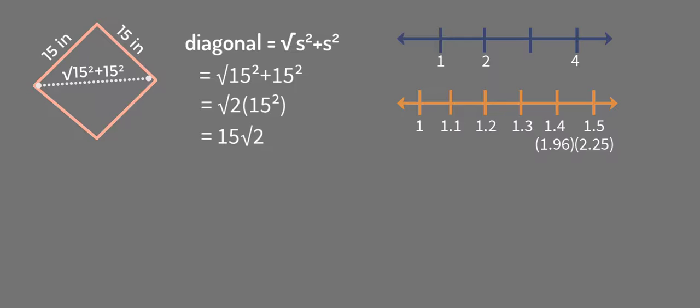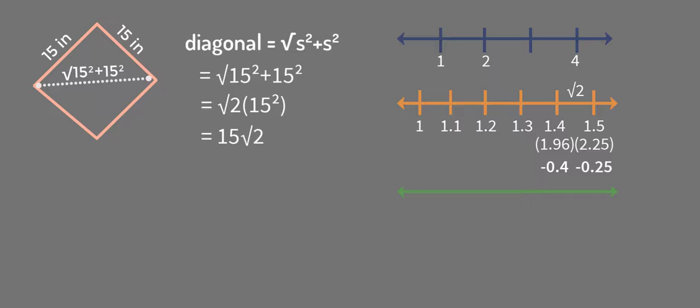So we know the square root of 2 is somewhere in between. Which one is it closer to? Is 2 closer to 1.96, or closer to 2.25? It's closer to 1.96, because that's a difference of 0.04, whereas 2.25 minus 2 is a difference of 0.25.